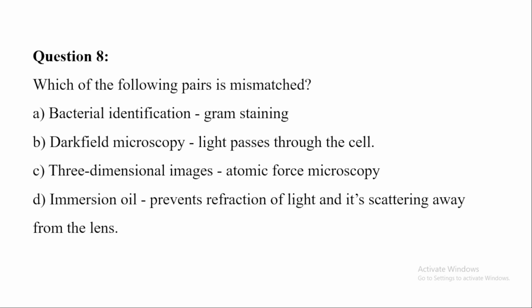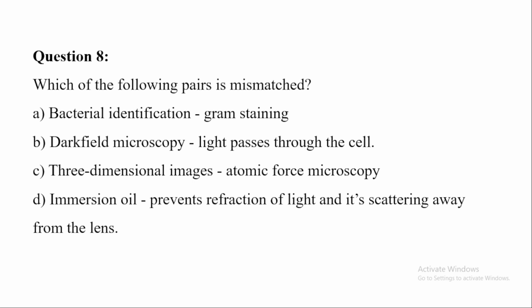Immersion oil. So, generally when you are visualizing a bacterial cell under a light microscope, for the 100x lens we use immersion oil. Basically what it does, it prevents the refraction of light and its scattering away from the lens.